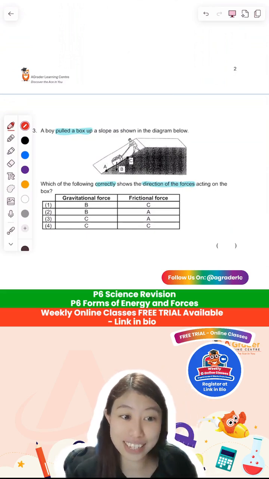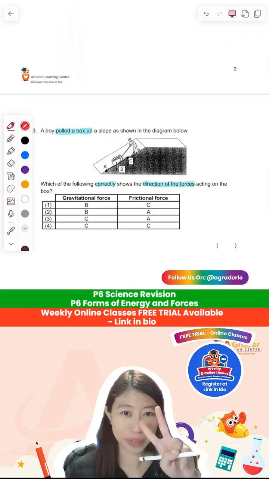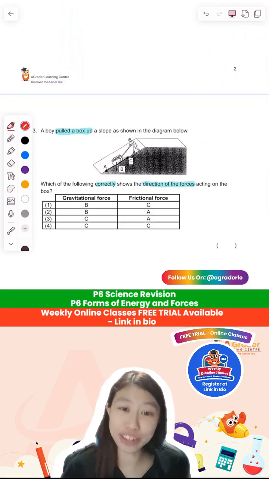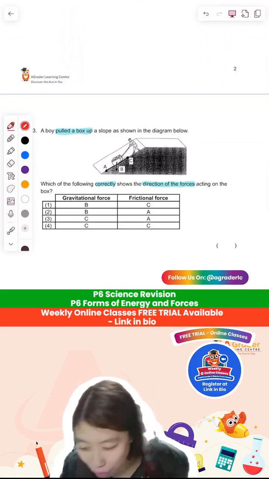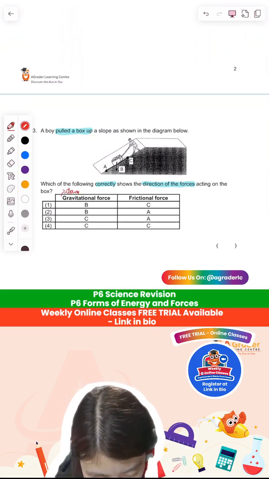Okay, so the correct answer is 2. A lot of you got it correct. So why 2? Always remember gravitational force is always a downwards pulling force.